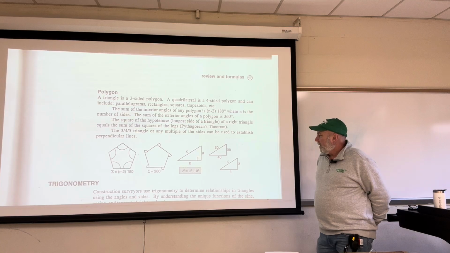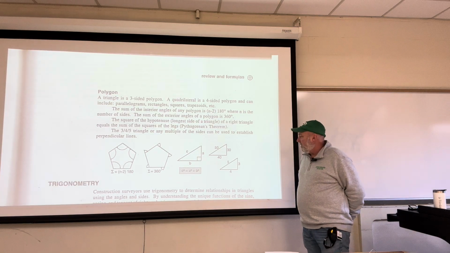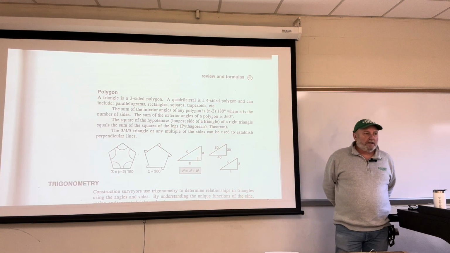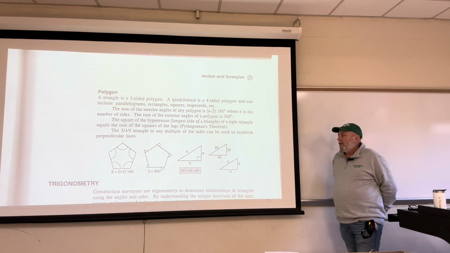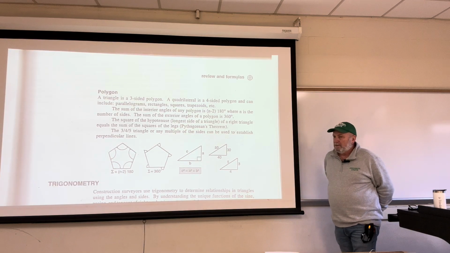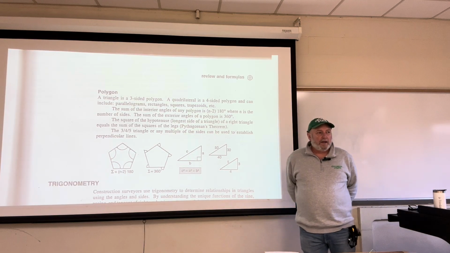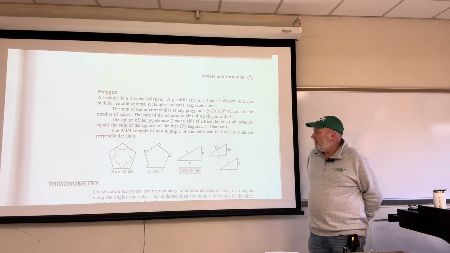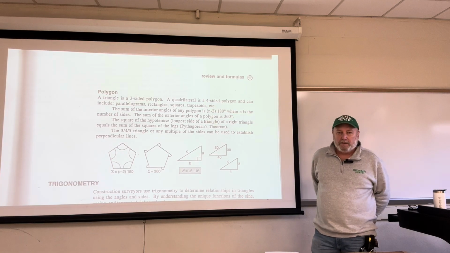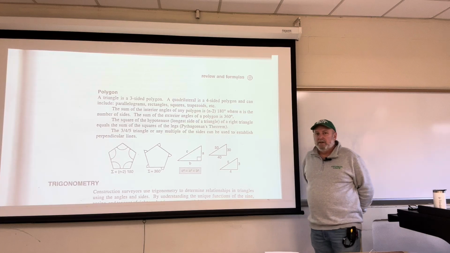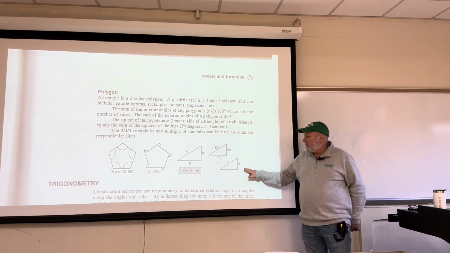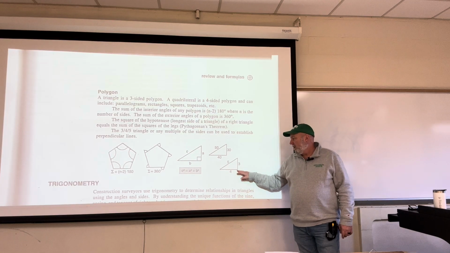The 3, 4, 5 triangle is very important in construction. A lot of times you're measuring out things that are square. Building interior angles, building corners are 90 degrees. This is a nice little ratio here, 3, 4, 5.